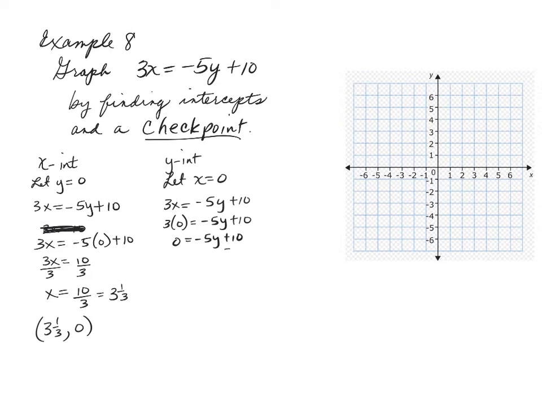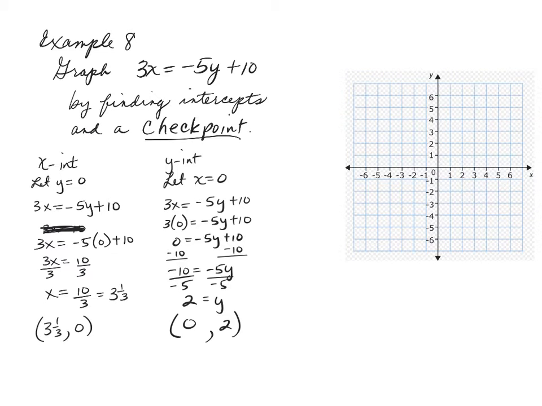I'm going to subtract 10 from each side. So -5y equals -10, divided by -5 on each side. Y is 2. So our ordered pair is going to be 0 and 2 for our y-intercept.